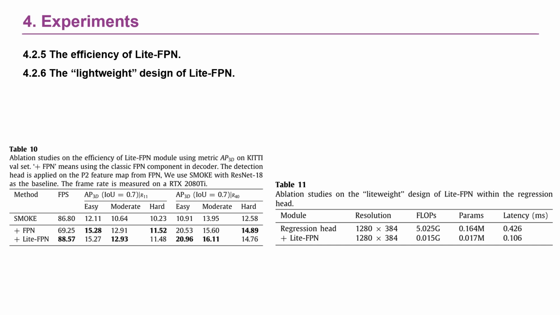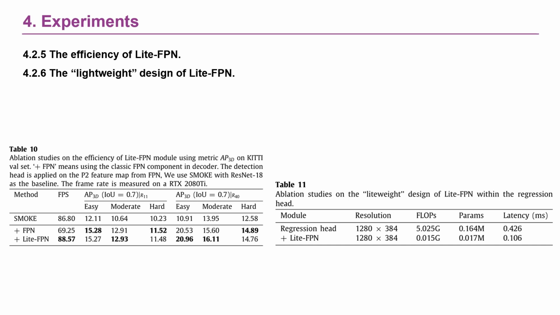To further bolster claims regarding the lightweight design of LightFPN, we comprehensively analyzed and compared the original regression head and regression head plus LightFPN in terms of parameters, floating point operations (FLOPs), and latency.